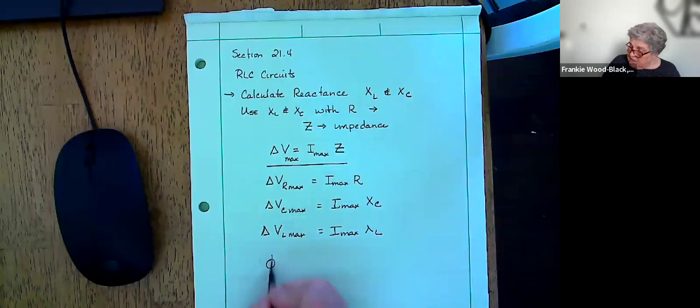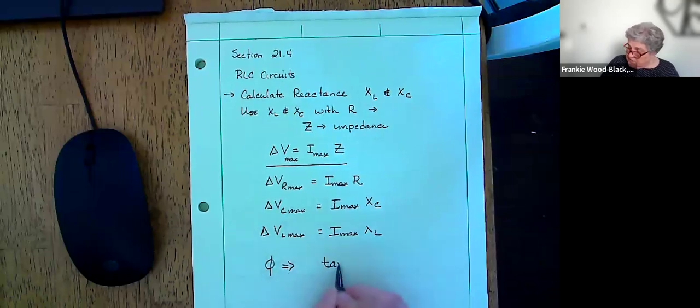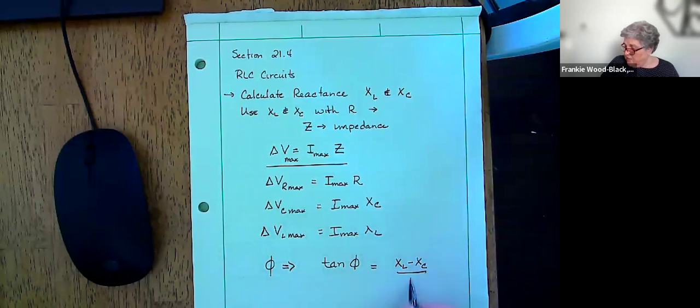And your phase angle, if you're ever asked to calculate it, is going to be tangent phi equals XL minus XC over R. And this comes from our vector phasor diagrams.